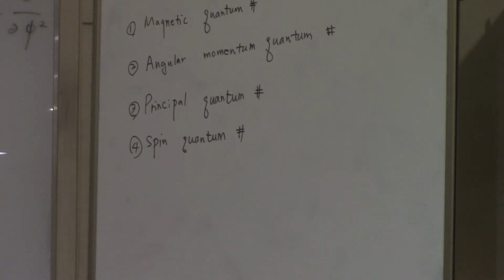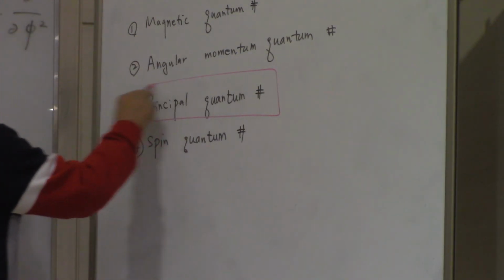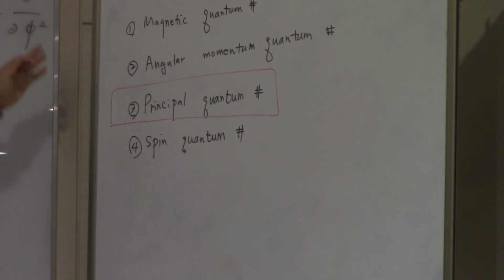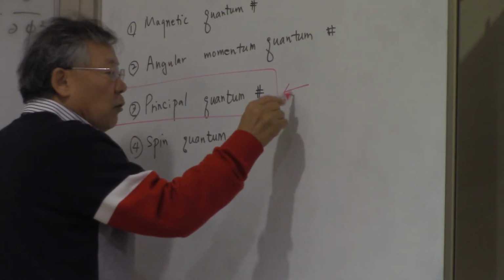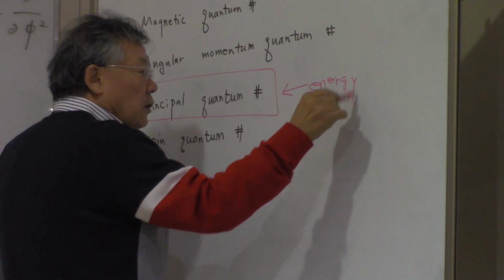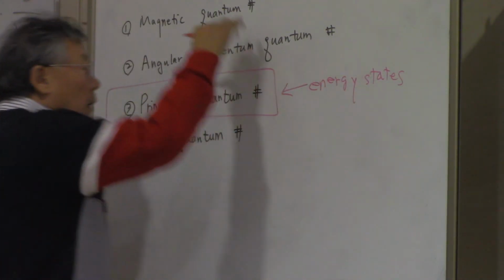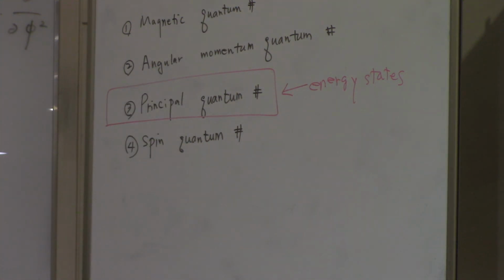And then we're going to discuss the physical meaning of those quantum numbers. In any sense, we are not going to go into the details, but most importantly, the principal quantum number is the most important among these, because it is related to the energy states. The others are just different configurations, not directly related to the energies of the orbiting electrons.